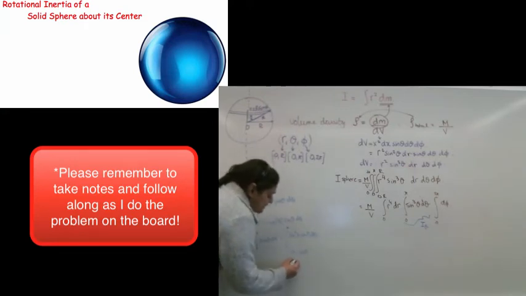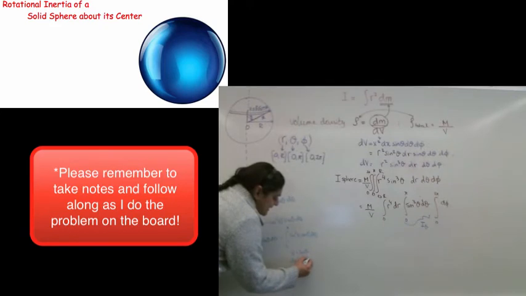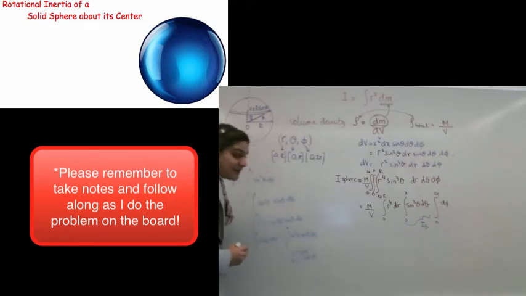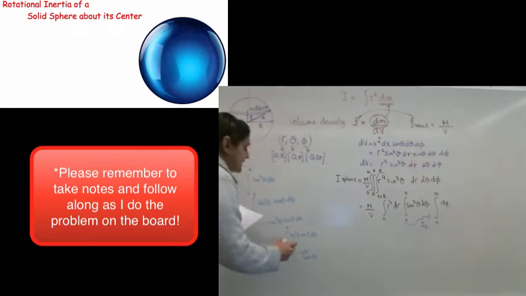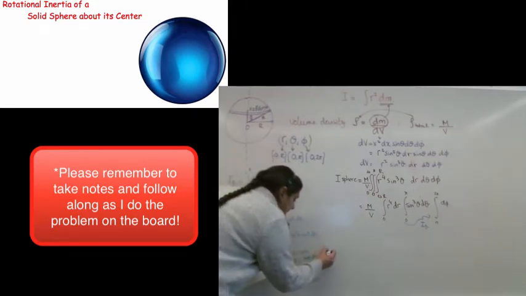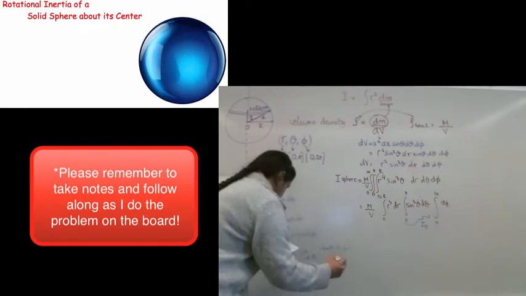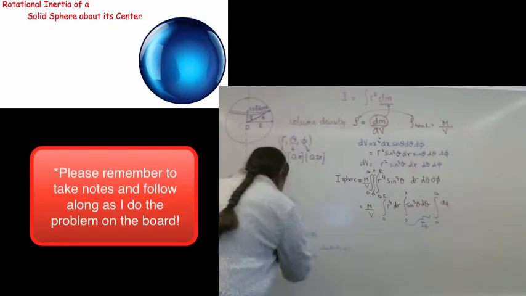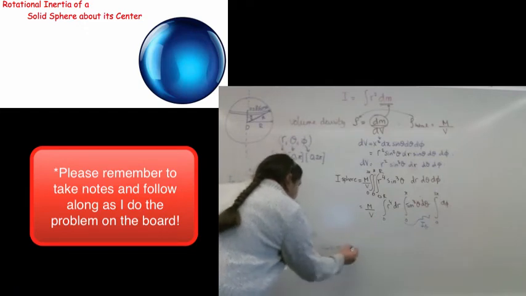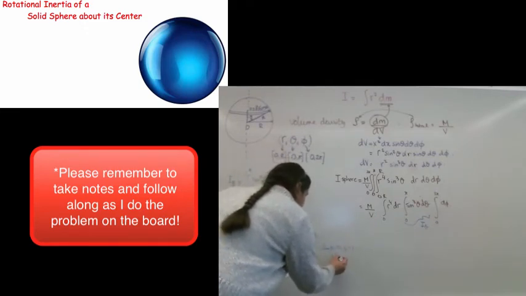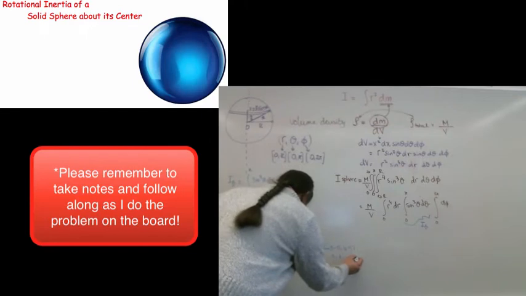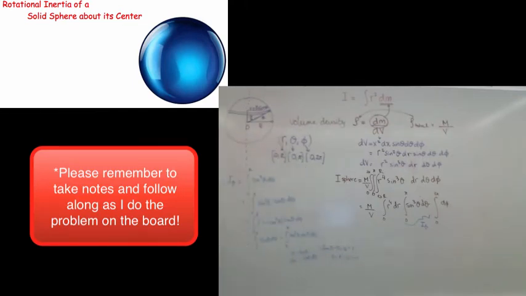That means du is equal to minus sine theta d theta, right? And we have to change our limits of integration as well. So when theta equals 0, u equals 1. And when theta equals pi, u equals minus 1, right?